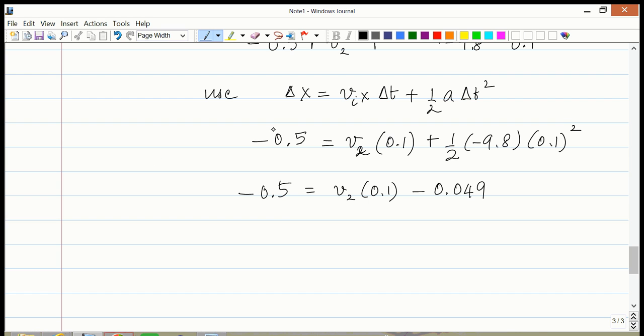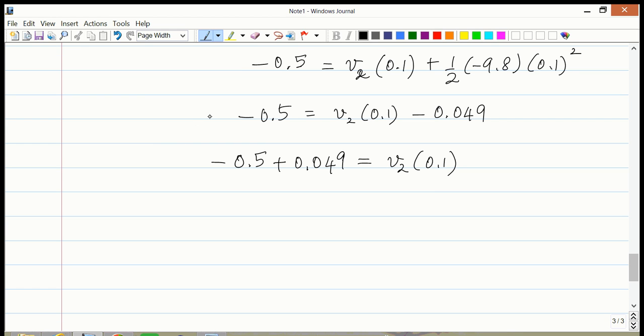Okay, so now what I can do is move my 0.049 to the other side, and I get negative 0.5 plus 0.049 is equal to v2 times 0.1, and what this gives me is negative 0.451 equals v2 times 0.1, and v2 ends up being equal to negative 4.51 meters per second.